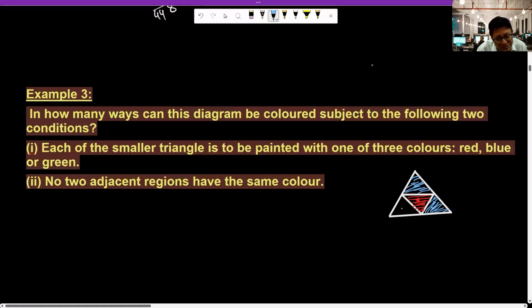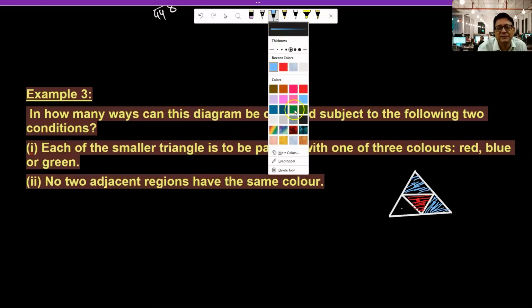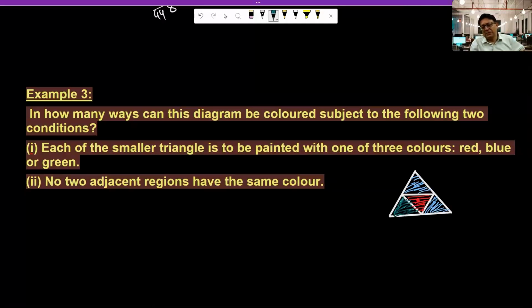Green has no use, but somebody says no, I'll be taking green. I'll be taking green here. Let me take green for this portion. This is a perfect coloring. You see, no two adjacent colors are the same, and only three colors are in use.